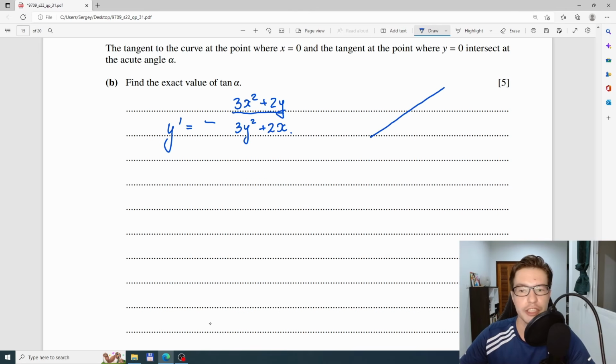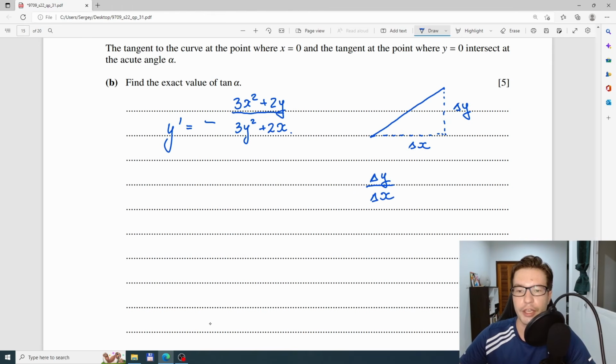So imagine we have a tangent line, and in order to find the gradient of that tangent line, we have to draw a little triangle.